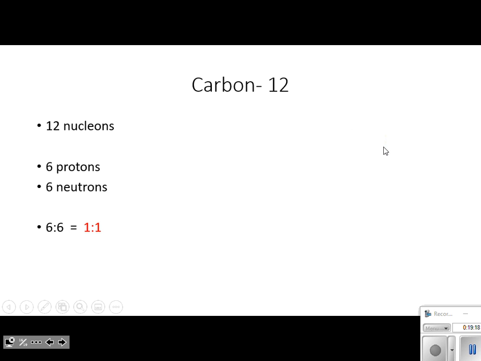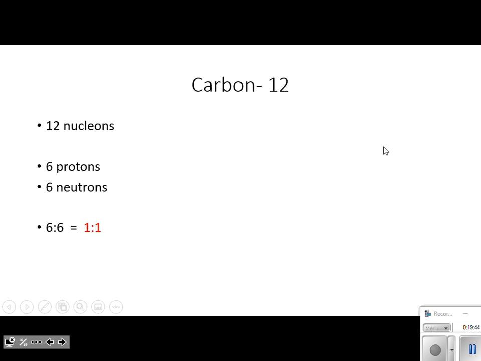So when I look at this, carbon-12 has 12 nucleons, 6 protons, 6 neutrons, gives me a 1-to-1 ratio. Would you consider carbon a smaller element or a bigger one? It's a smaller one. So is that 1-to-1 ratio going to say it's pretty stable?